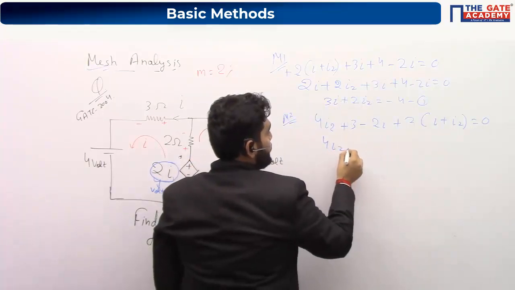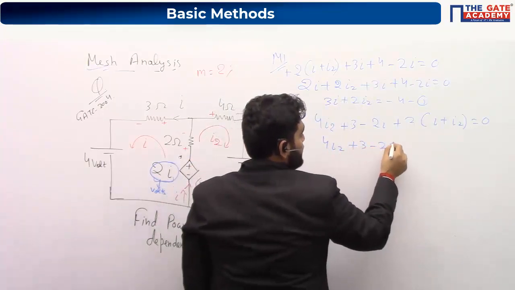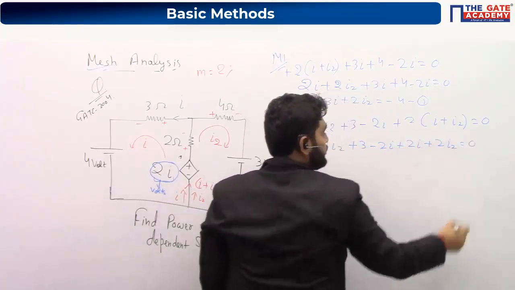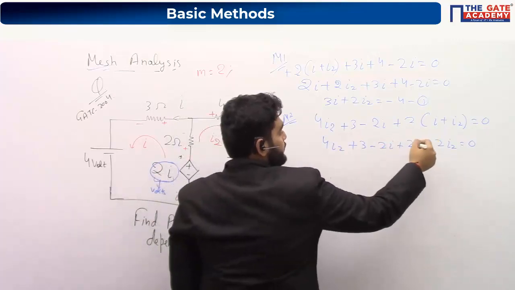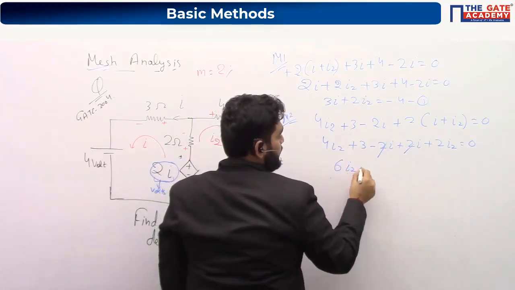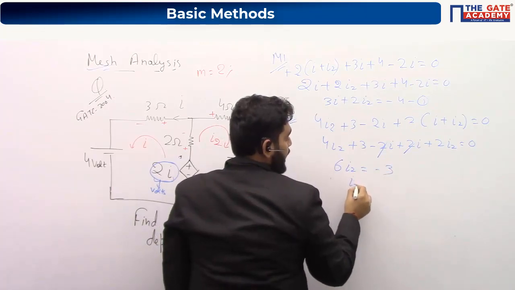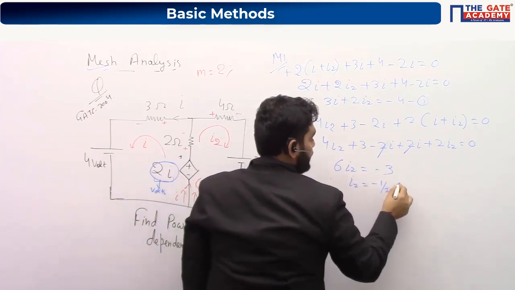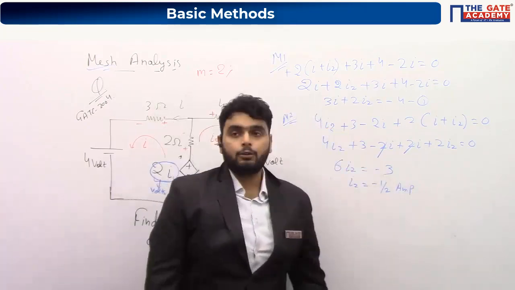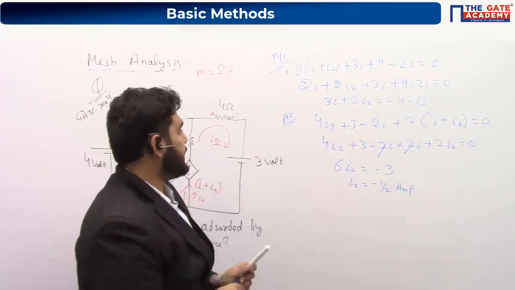So 4I2 plus 3 minus 2I plus 2I plus 2I2 equal to 0, right? 2I cancels out. What is left is 6I2 equal to minus 3, I2 equal to minus 1 by 2 ampere. So from this loop, directly we can find out I2, which is minus 1 by 2 ampere. Now put in 1.